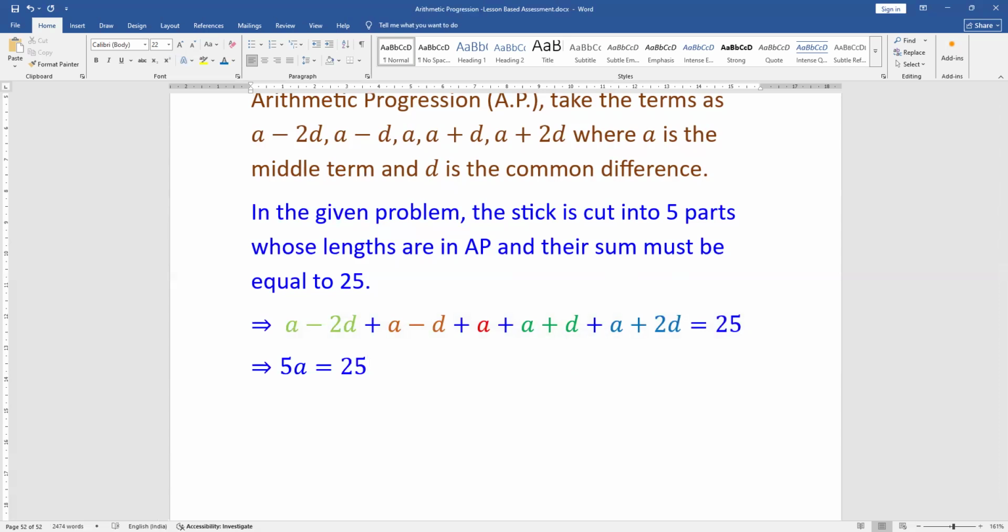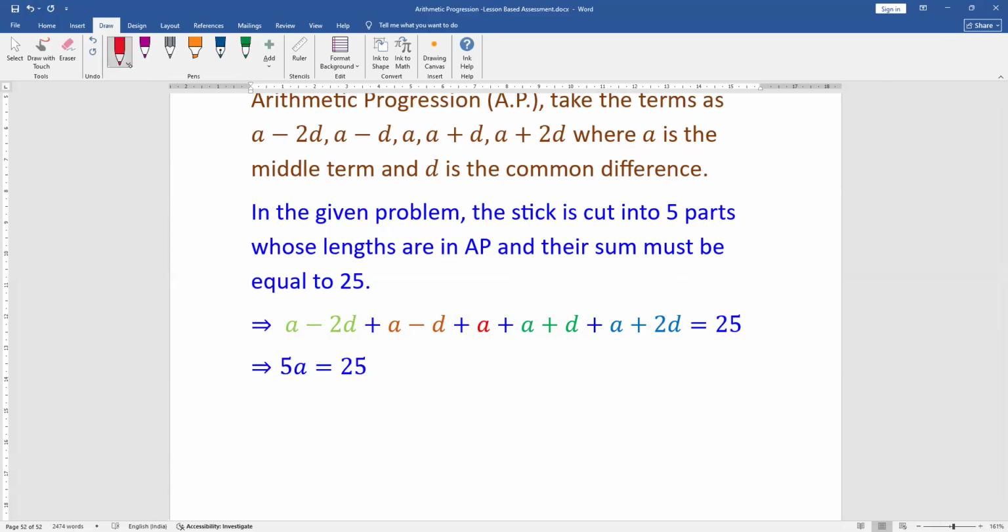Let me show the cancellation: minus 2d plus 2d, minus d plus d. Now totally you get 5 a's.